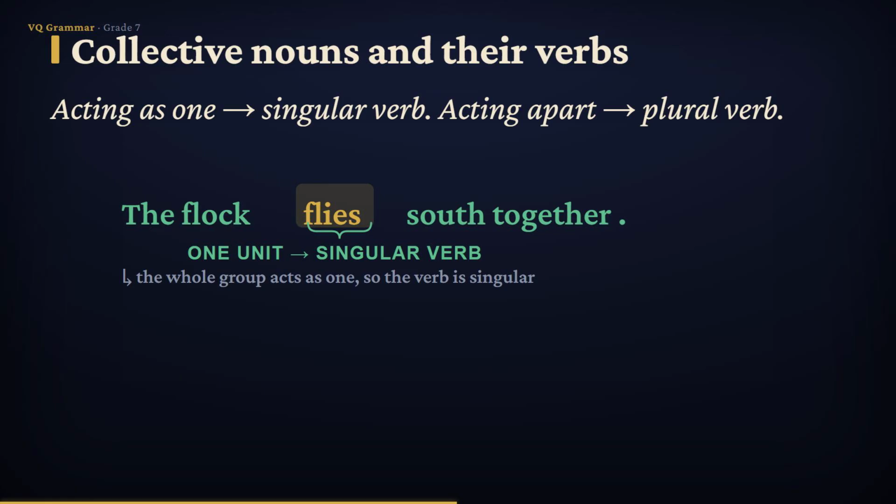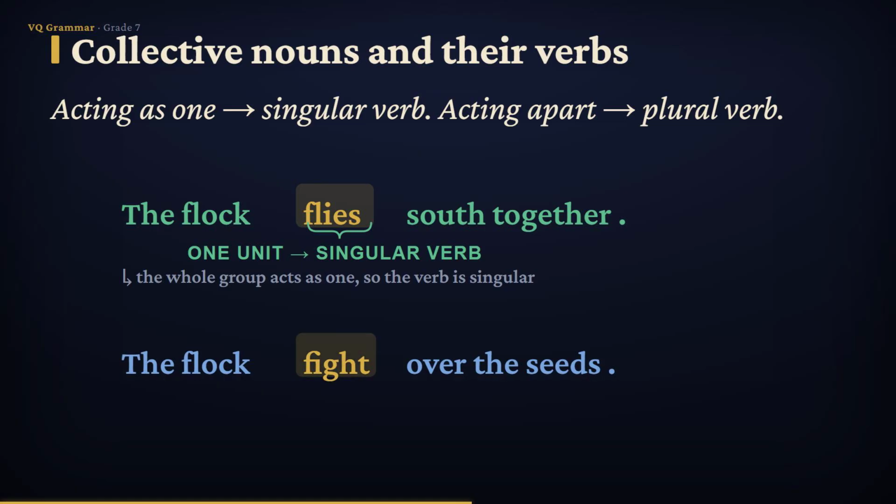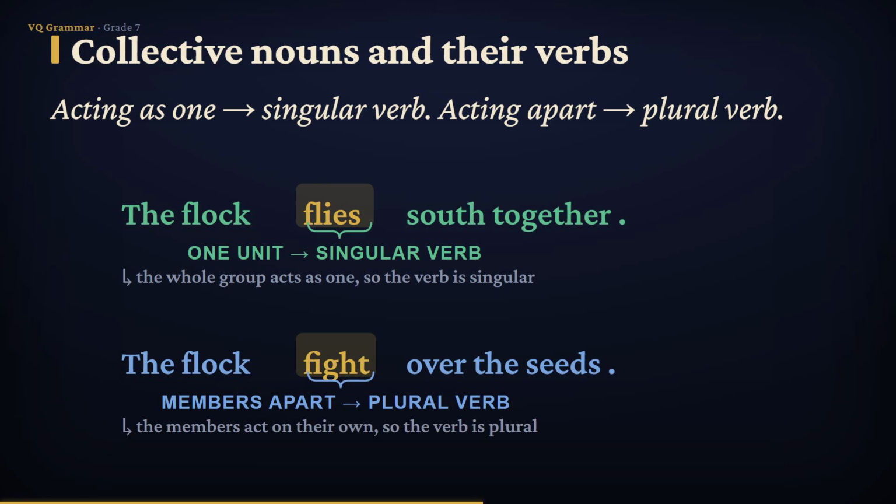But when the members act separately, on their own, treat the noun as plural and use a plural verb. The flock fight over the seeds. Here, the birds are each doing their own thing, so the verb becomes fight. Same noun, 2 different verbs, decided entirely by how the group is behaving.